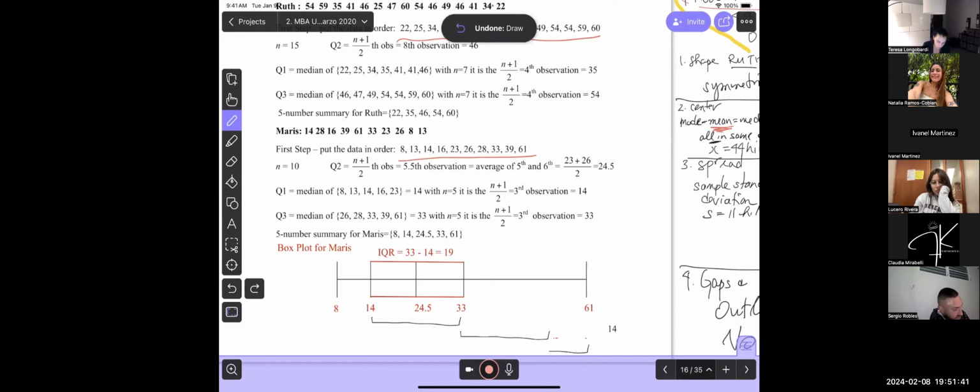So we have to check. I'm showing you the image so you understand the formula. So I'm going to take Q3 plus 1.5 times IQR. And any values that are beyond or higher than that will be outliers. So what is this going to be? Let's put the numbers in. Q3 is 33 plus 1.5 times 19 that we already calculated makes what? What is that?